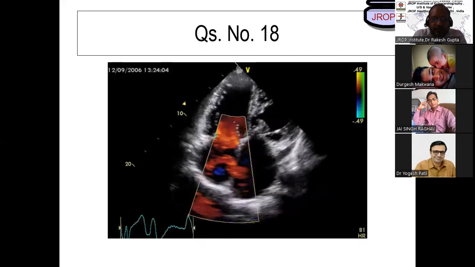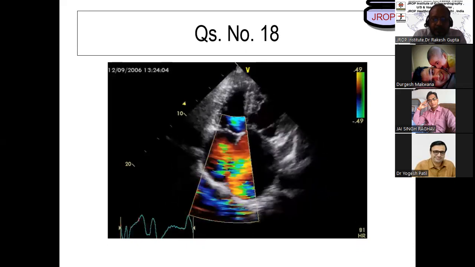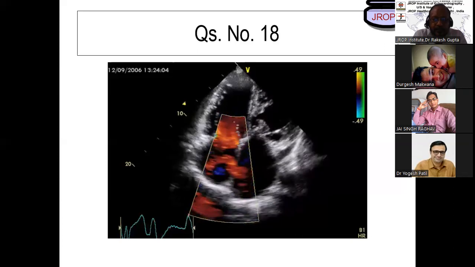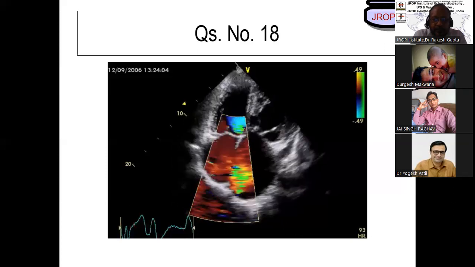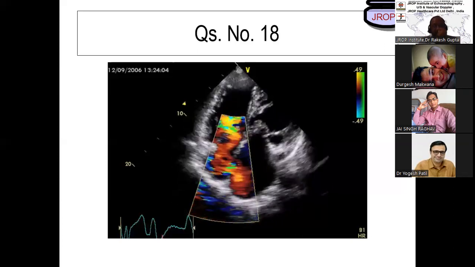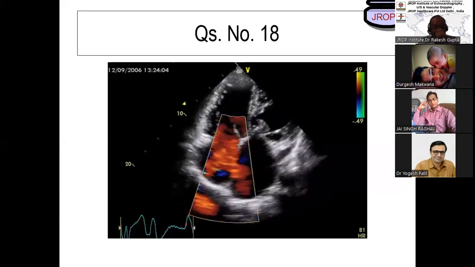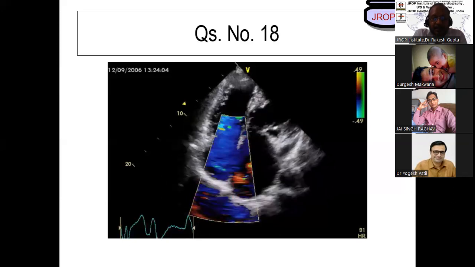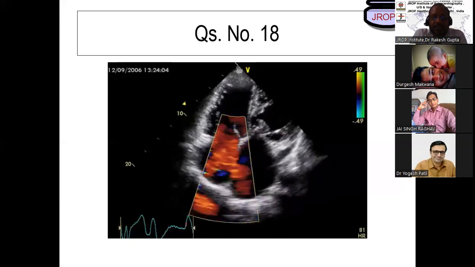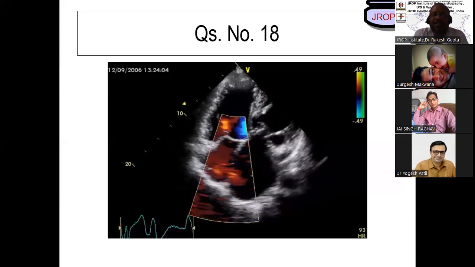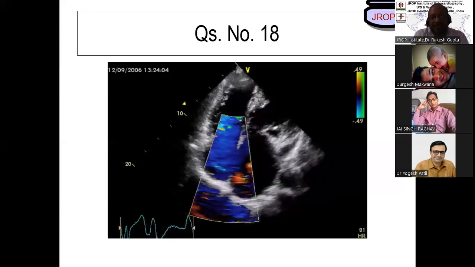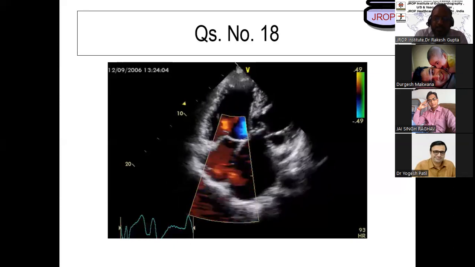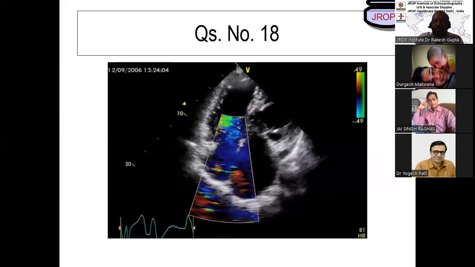The RA opens into the LV, and it looks the same as the previous question with an additional ASD defect. I'm just guessing. What was the previous question? Transposition, discordance between the RA and the LV. That is atrioventricular discordance with ASD. Okay, sir. Yes, same means discordance with ASD. Yes, atrioventricular discordance. Everybody fine?